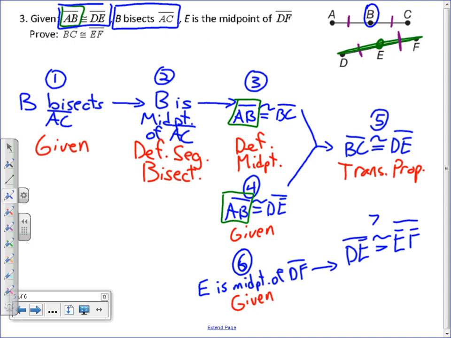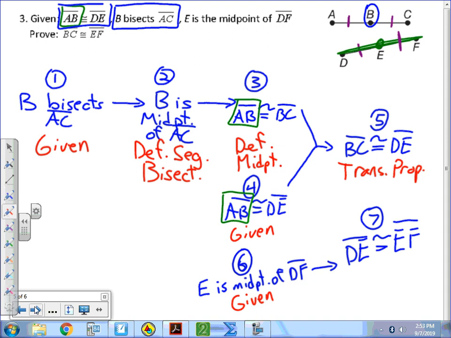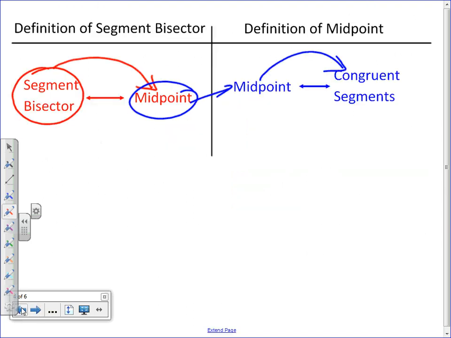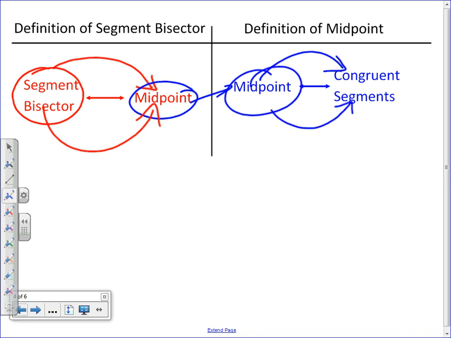Okay, that was statement number 7. That is the definition of a midpoint. So I've used definition of bisector once, segment bisector. I had a segment bisector that told me that I had a midpoint. And a couple times I've used the fact that if I have a midpoint, then I have congruent segments.